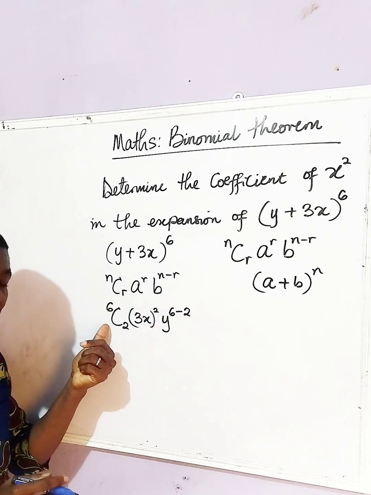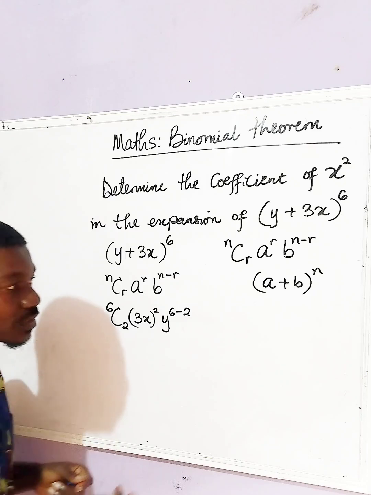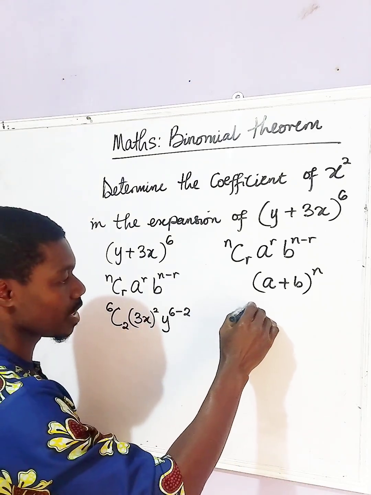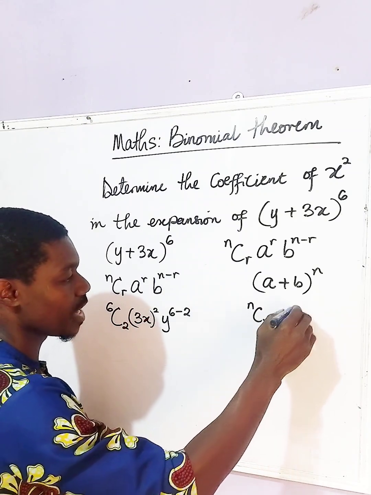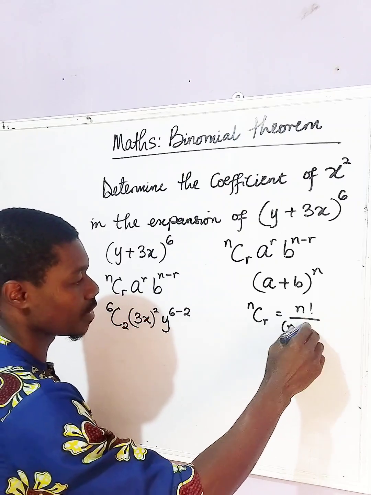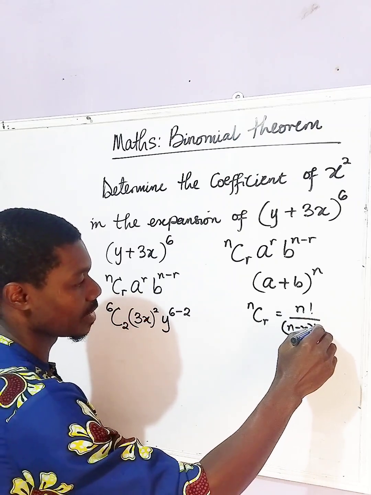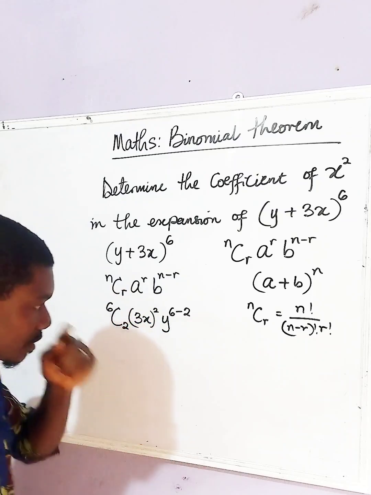Now this is 6 combination 2. And the formula for combination, I guess, n combination r should be n factorial all over (n minus r) factorial, then r factorial.